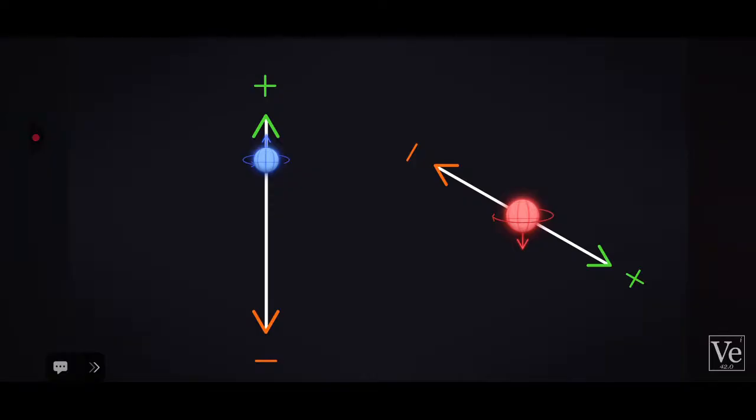So here's the thing. Up positive is the same as down negative. It's just turned around, so its behavior is the same.